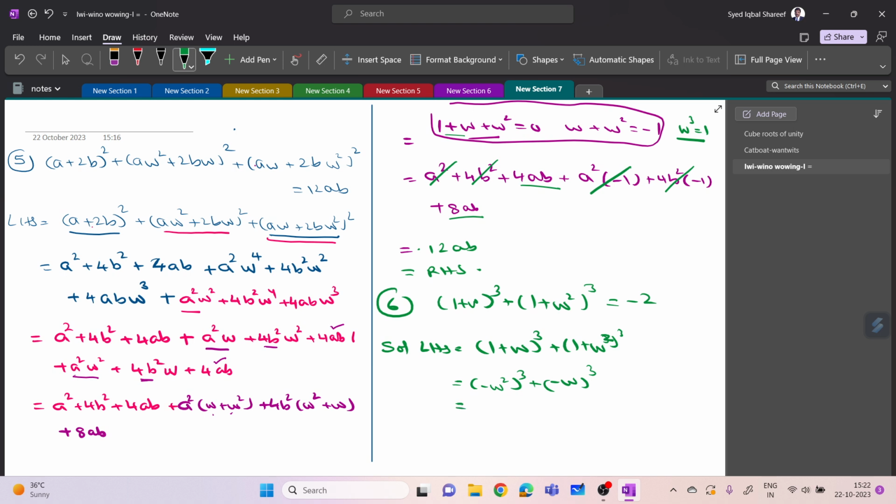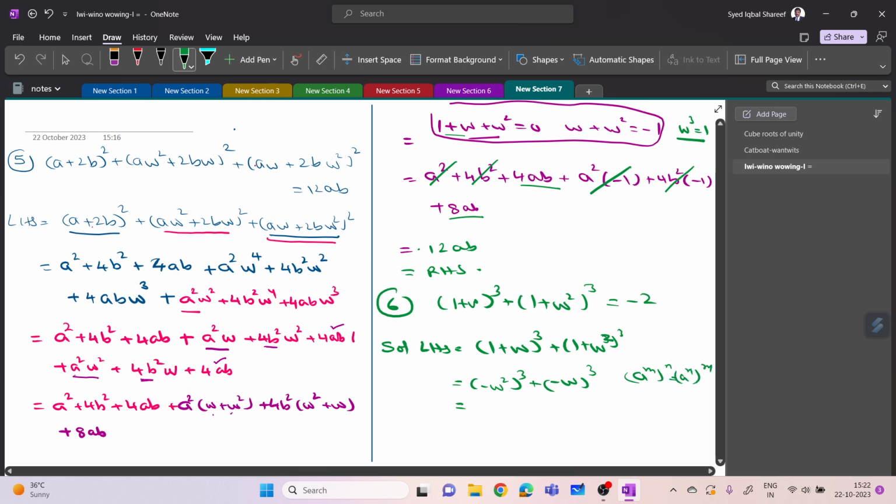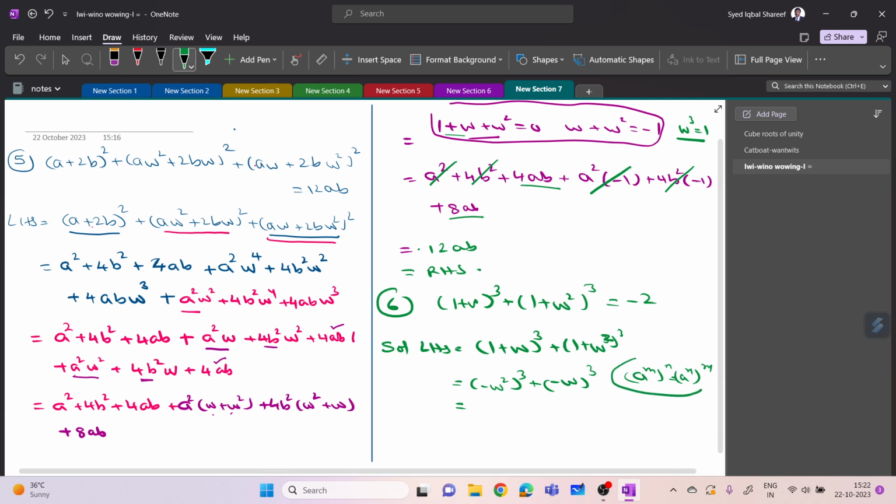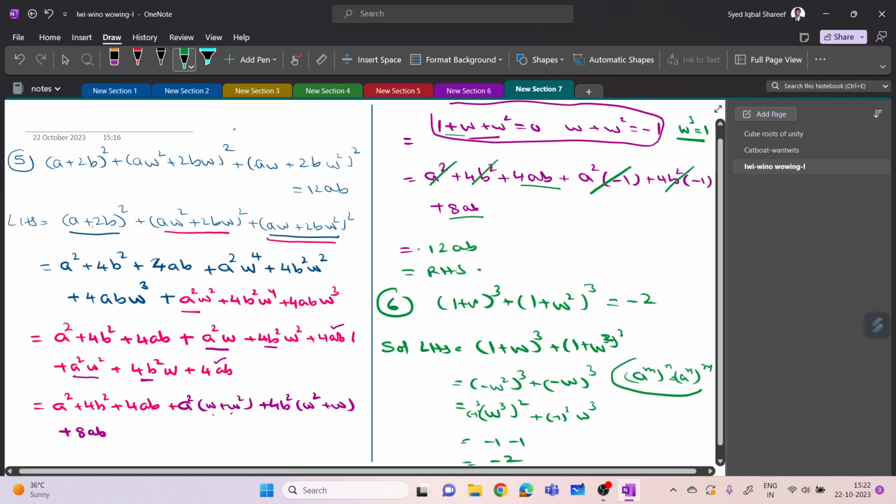There you see a to the power of m whole to the power of n can be written as a to the power of mn whole to the power of n. Interchange the powers. We can do by laws of indices. So this can be written as omega cube, omega square, minus 1 cube outside. This is minus 1 cube outside omega cube. Omega cube is 1. This is 1. So this is minus 1 minus 1. Minus 1 minus 1 is minus 2, which is our right hand side.